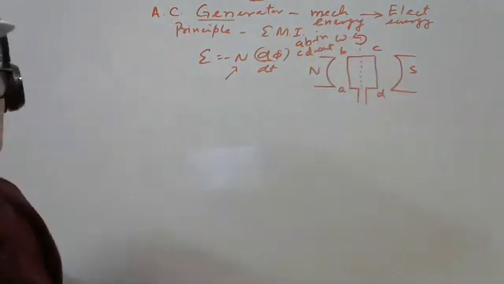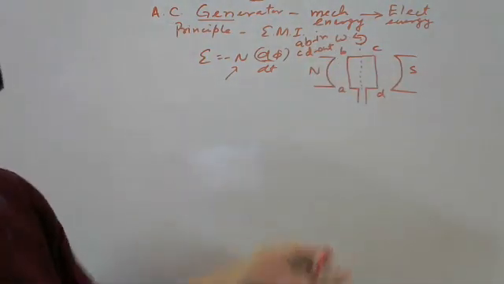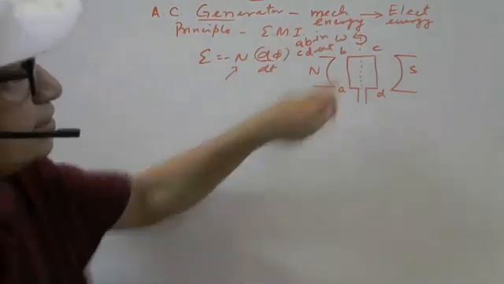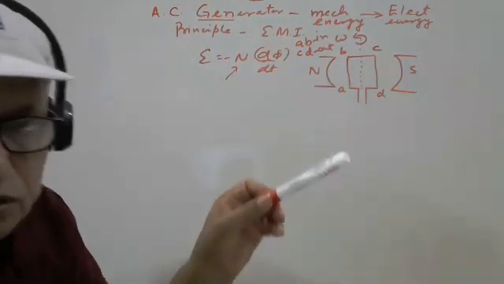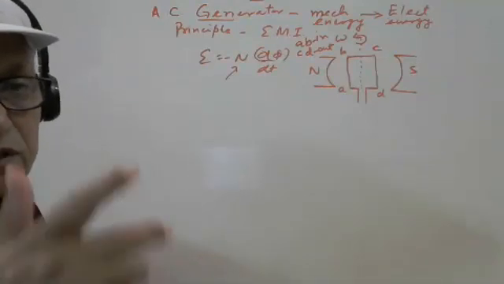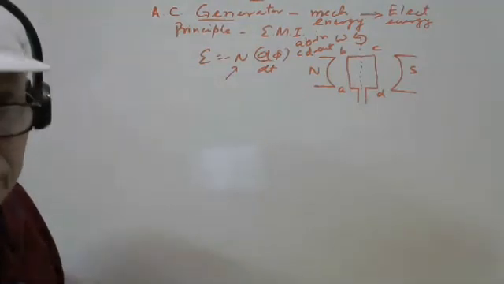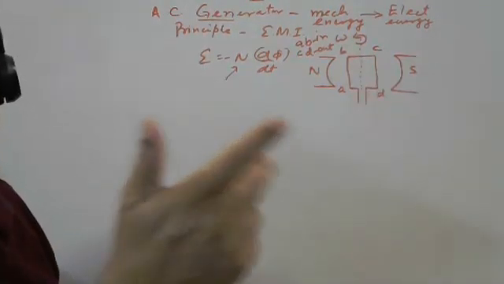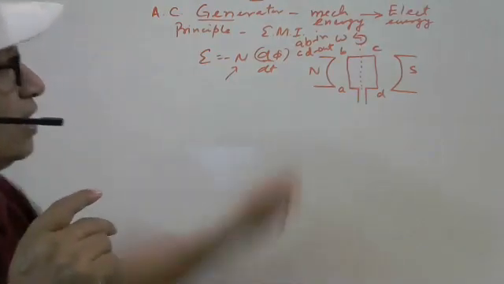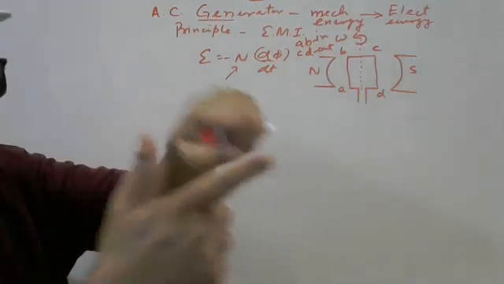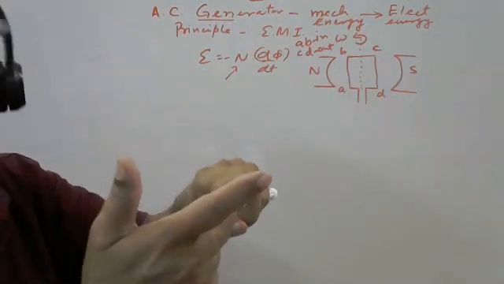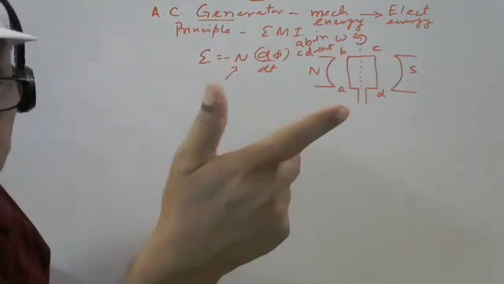You can take it reverse also, no problem. Suppose we are taking AB is going inside and CD is coming outside. You can find out the direction of induced current developed here by using Fleming's right hand rule. Here the direction of magnetic field, so father, mother, the child: force, magnetic field and induced current, using the right hand rule.